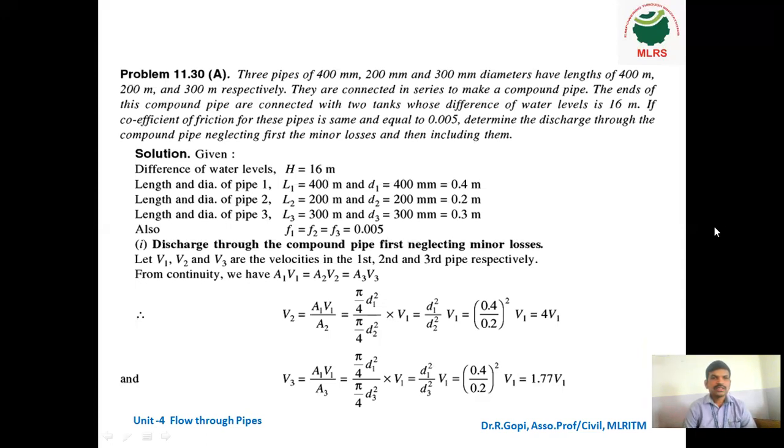In the first case, we neglect the minor losses. We have to include only major losses. Let V1, V2 and V3 be the velocities in the first, second and third pipe respectively. From the continuity equation, we know A1 V1 is equal to A2 V2 is equal to A3 V3.